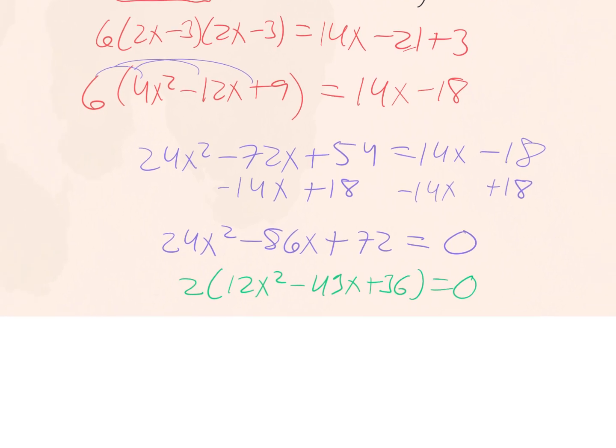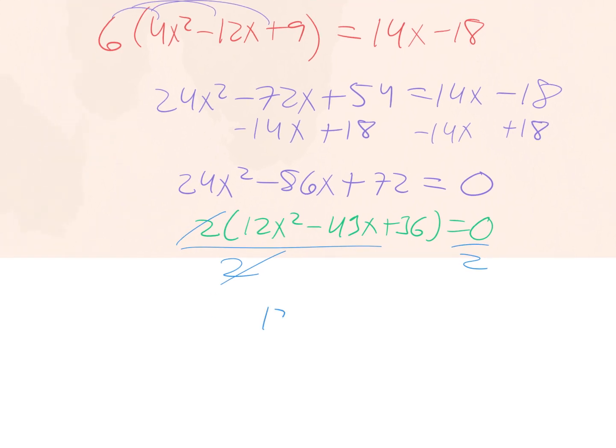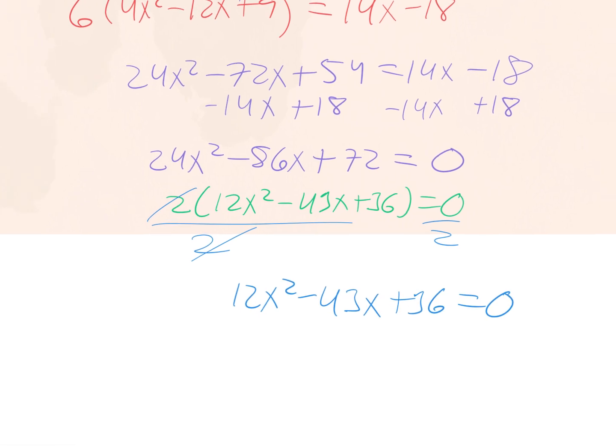And then to get rid of that 2 entirely, let's just divide everything by that 2, to cancel it out here. So we get 12x squared minus 43x plus 36 equals 0, since 0 over 2 is okay. So this equals 0.